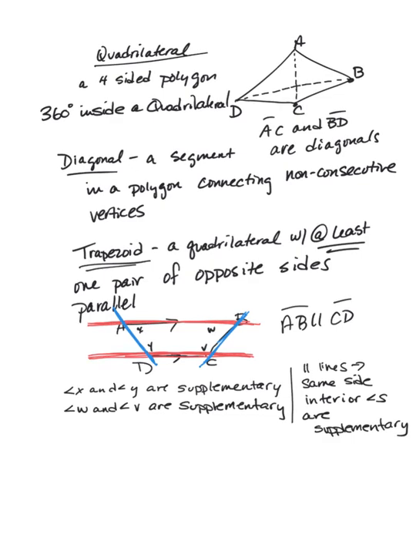All right, so now we can have a more specific type of trapezoid, something called an isosceles trapezoid. Now I'm going to do the most general definition, but it could be more specialized.